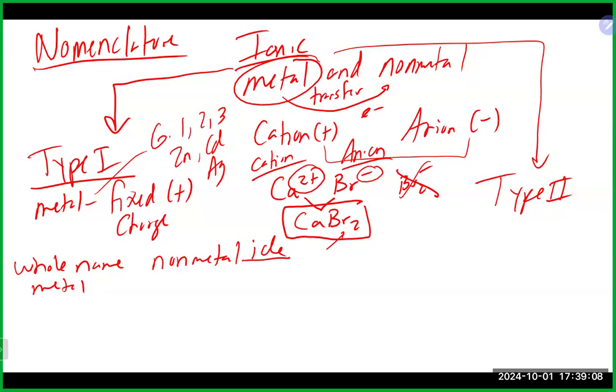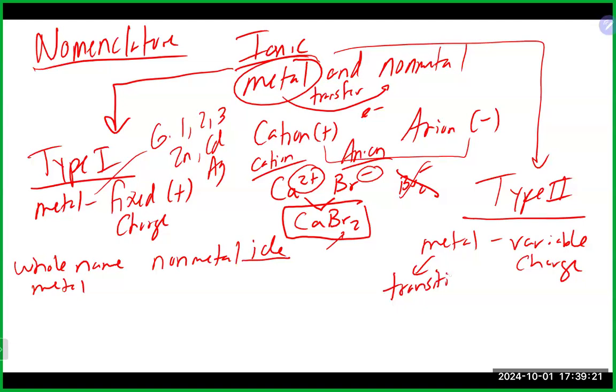Now, a type 2 compound is where the metal has a variable charge. And that's pretty much going to be your transition metals there. Again, just to the right of those guys under the staircase. Now, the deal with these guys is that they can have a variable positive charge.